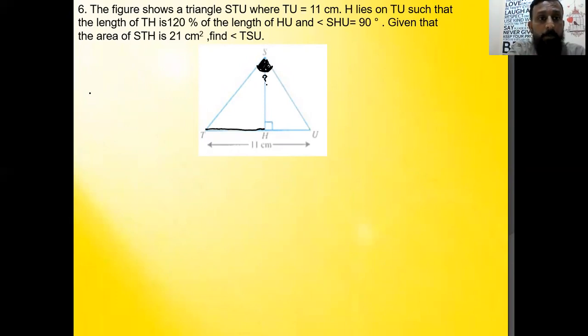So we can make our equation: the length TH is equals to 120% of the length HU. Now we can remove the percentage sign and write it as 120 upon 100 HU.